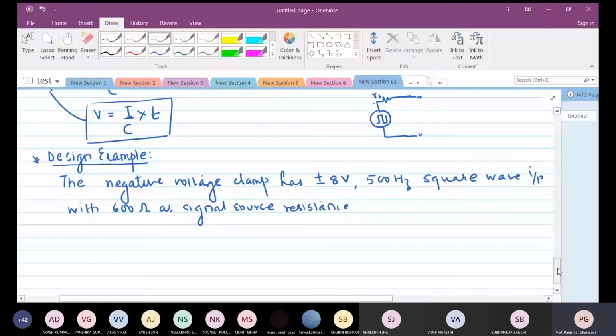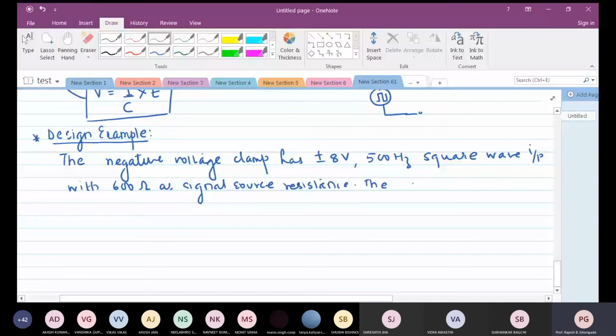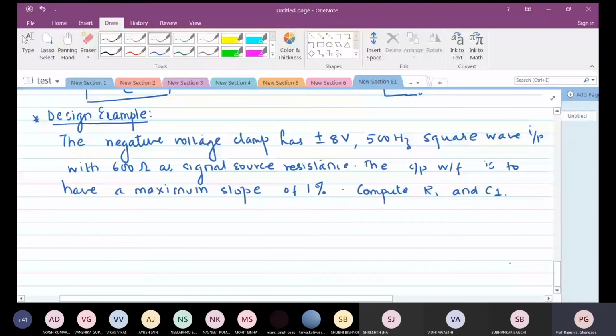The output waveform is to have a maximum slope of 1%. You have to compute R1 and C1. This is the problem given to us.